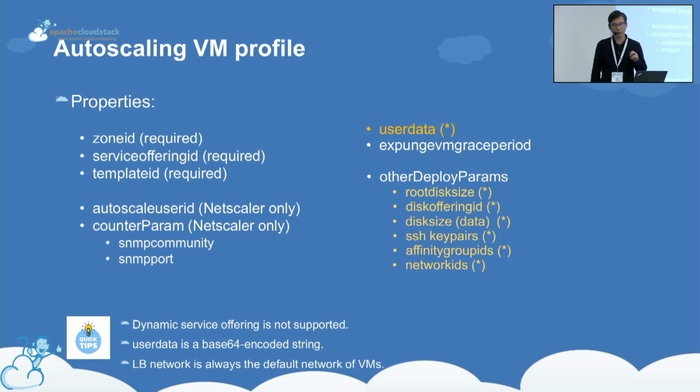So it will have an ID, UUID, and it will be persistent in database. But for this feature, we currently only support user data as a string. Last one, the load balancer network will always be the default network of VMs, no matter what the network IDs are set.